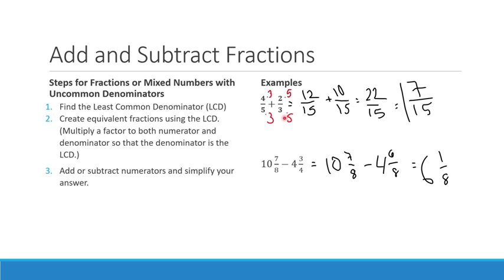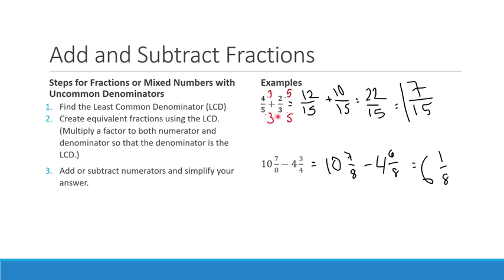Fifths and thirds need to be changed to a multiple that both 5 and 3 will go into. Say 15. 5 times 3 is 15. If I multiply the same factor to my numerator, I'll create an equivalent fraction to 4/5. 12/15 is equivalent to 4/5.